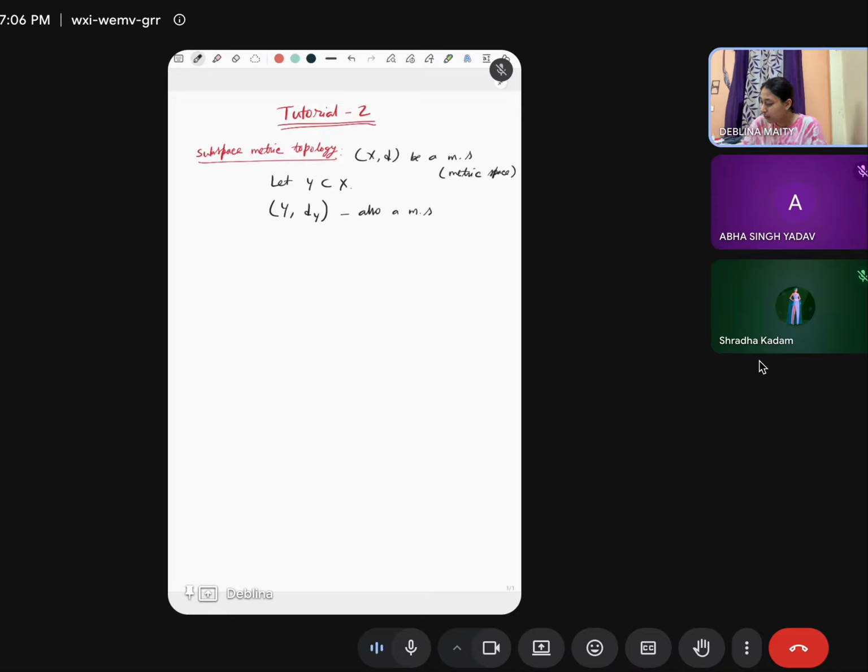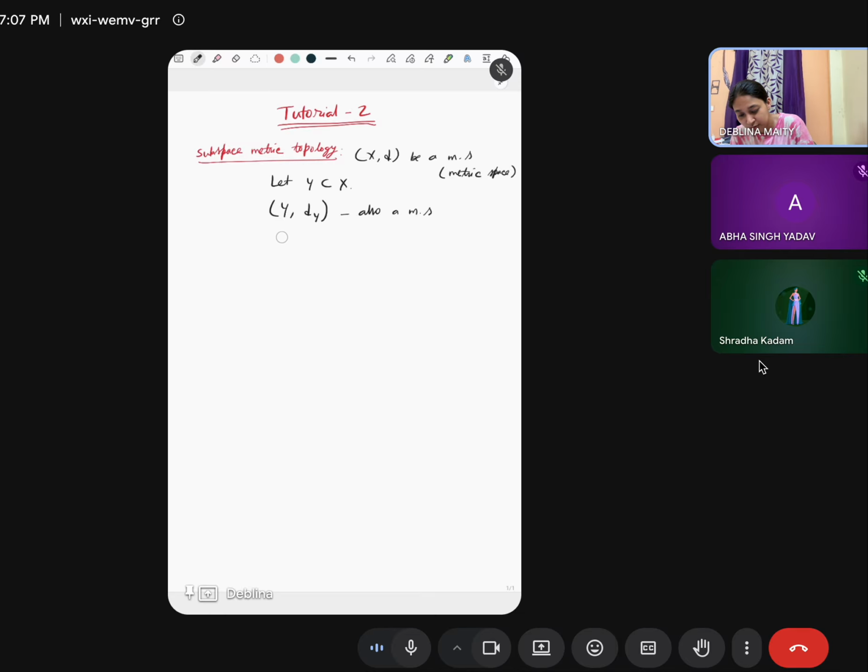Now the question is, how do the open balls of Y in this metric look, compared to the open balls of X?